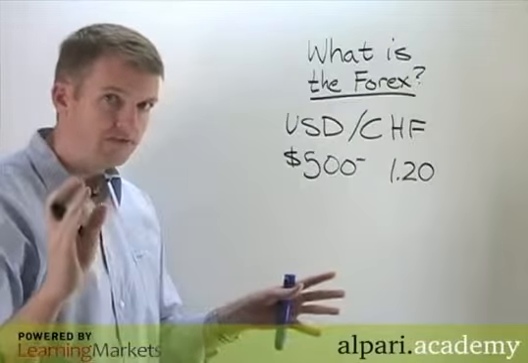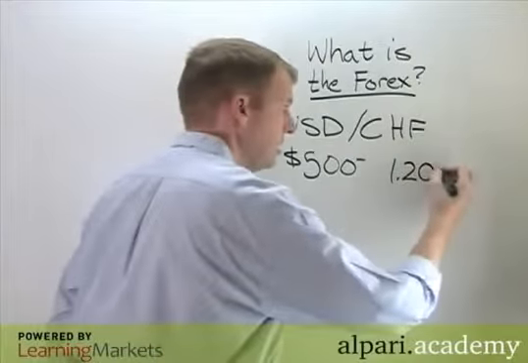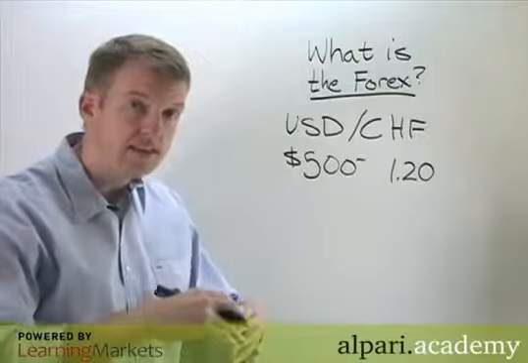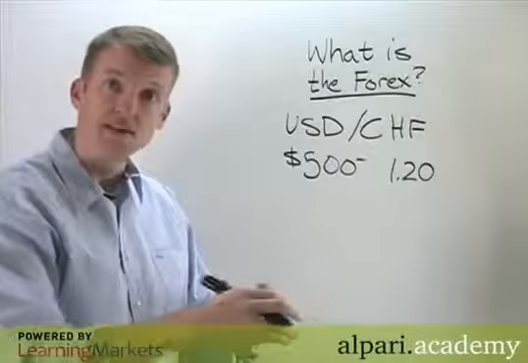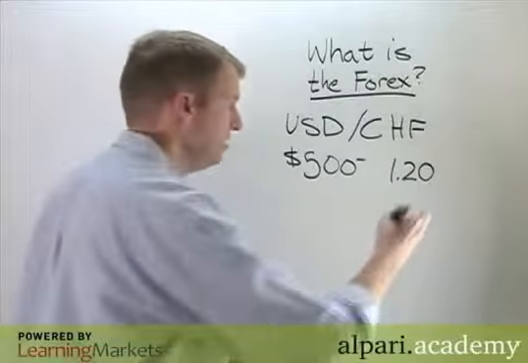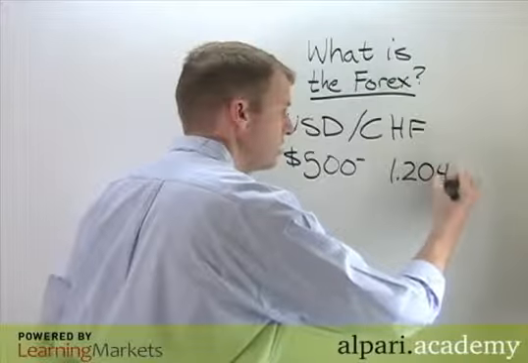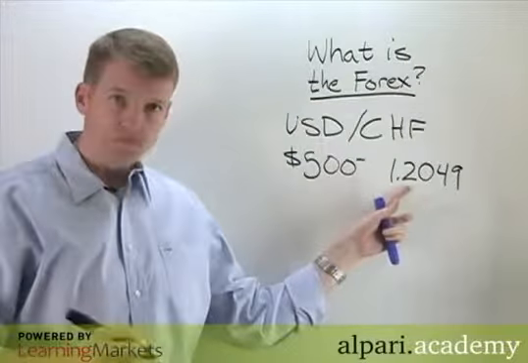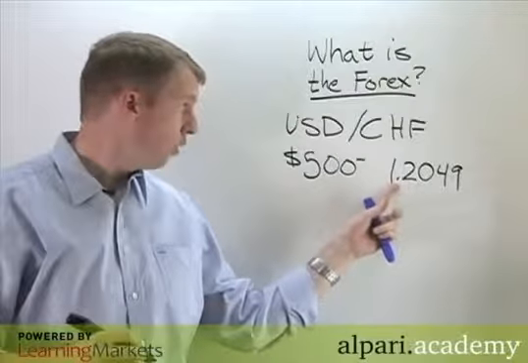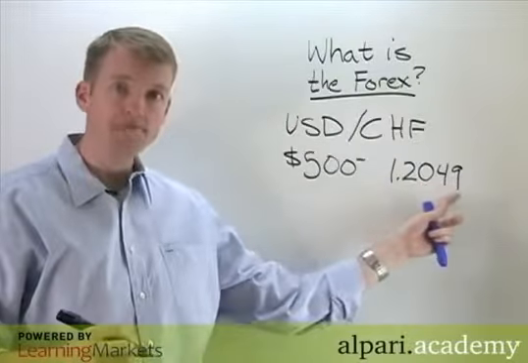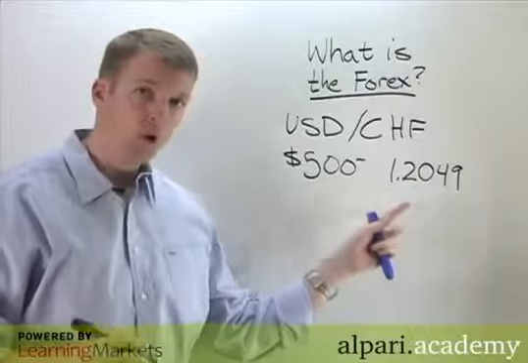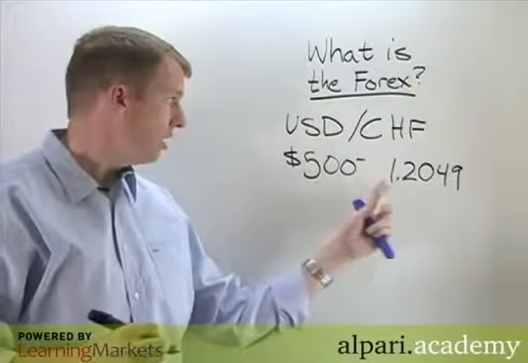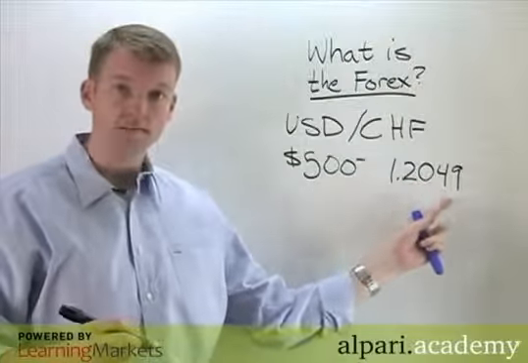Now it goes a little bit further than that actually, because in the currency market we take things out at least 4 decimal places and in some cases 5 decimal places. But we're going to stick with just 4 decimal places for now. So the exchange rate right now means that it's going to cost 1.2049 francs per dollar. Or, in other words, $1 buys 1.2049 francs.